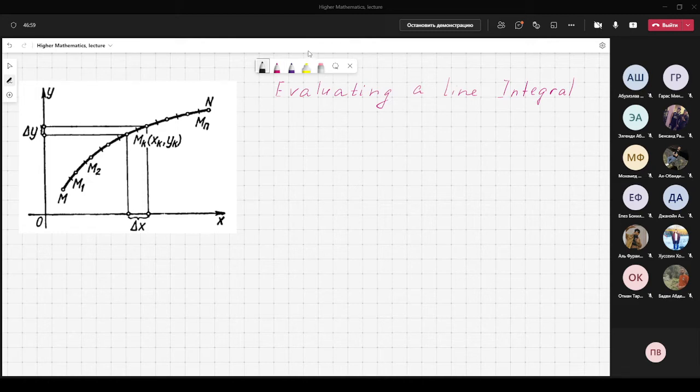First, I repeat it: as the subarc lengths approach zero, the sum over i from 1 to n of the scalar product f_i times delta s_i equals the sum over i from 1 to n of X(xi_i, yi_i) delta x_i plus Y(xi_i, yi_i) delta y_i.